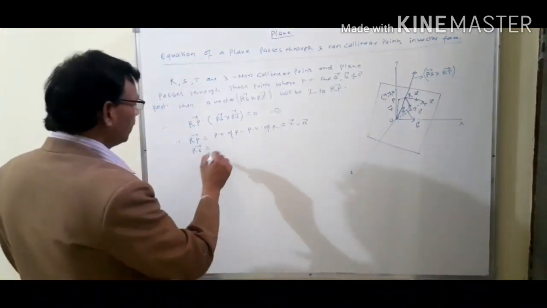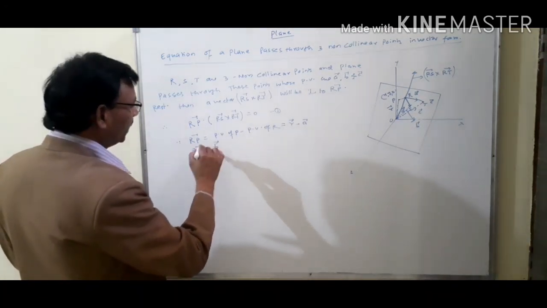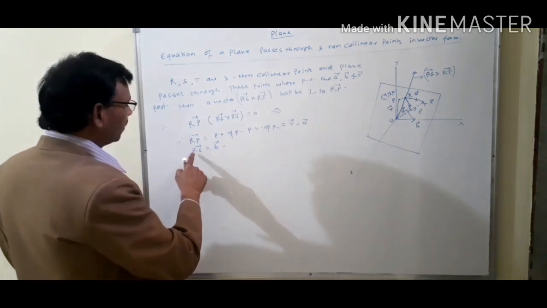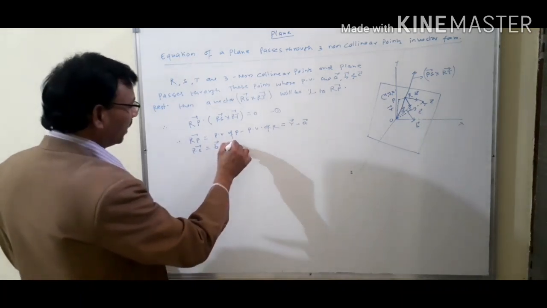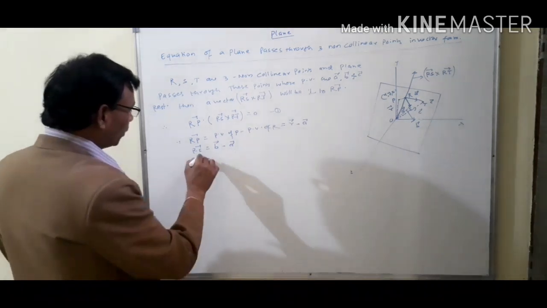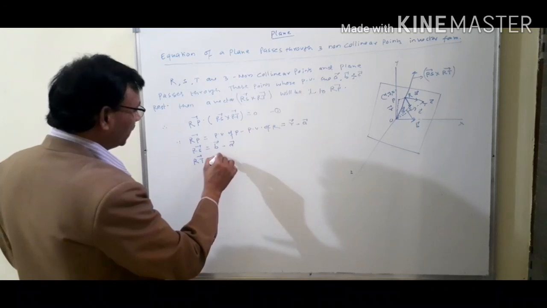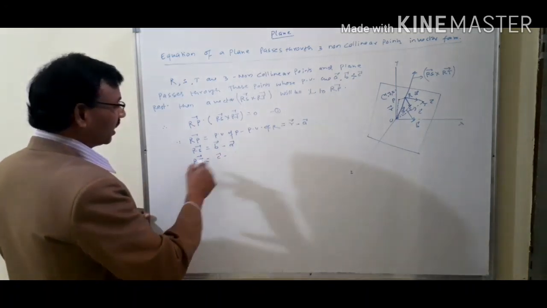So RS is b vector minus a vector, and RT equals c vector minus a vector.